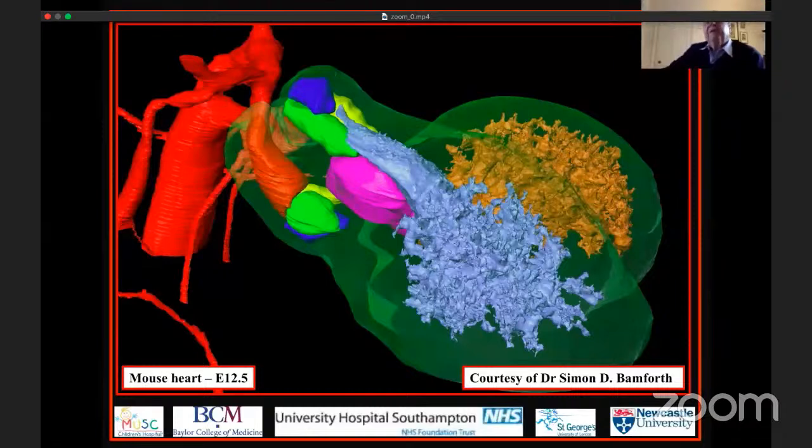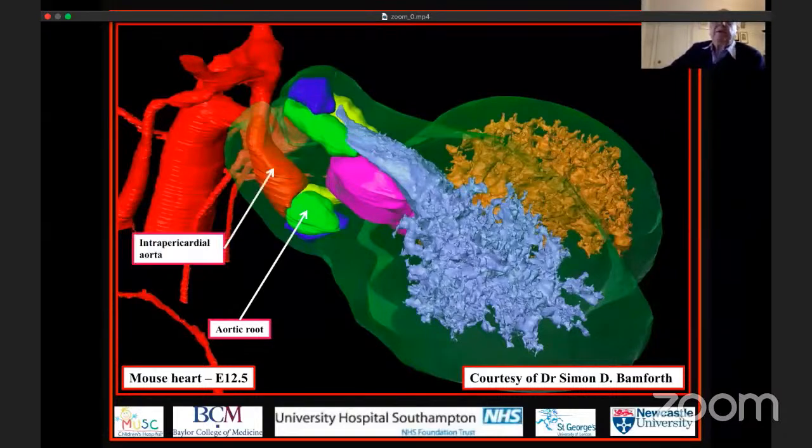It was made by another of my friends and colleagues, Simon Bamforth, senior lecturer in developmental biology in the University of Newcastle. And what you see here in green is that Simon has shown you the extent of the pericardial cavity. And there now in the middle of the outflow tract, we see the development of the cushions that is forming the aortic root.